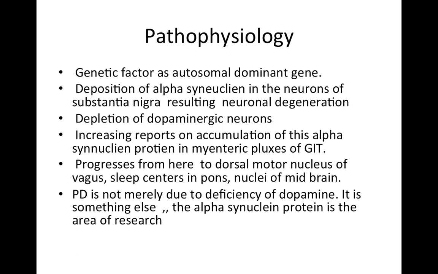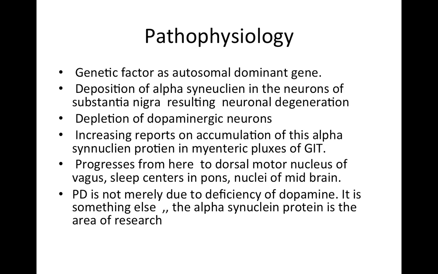Coming to the pathophysiology, what is happening in the various tissues that are presenting with the symptomatology? There has been great research in different races about this particular disease, and genetic factor as an autosomal dominant gene has been observed.